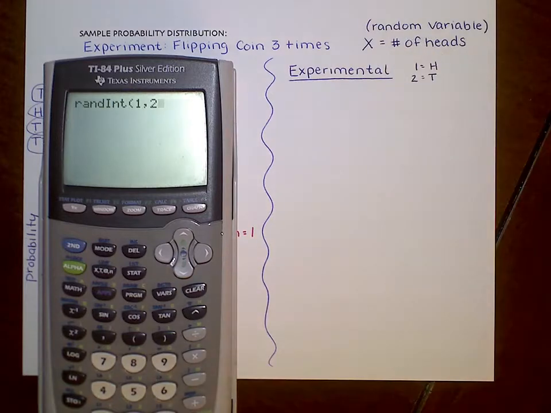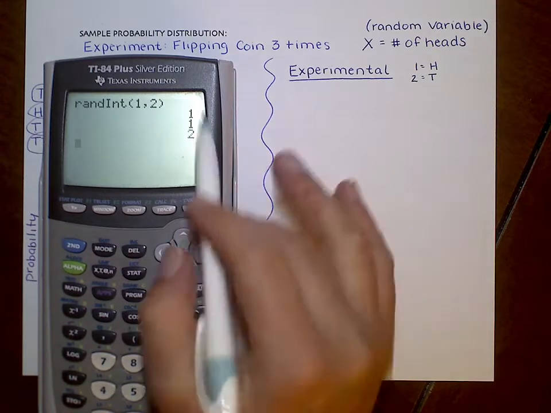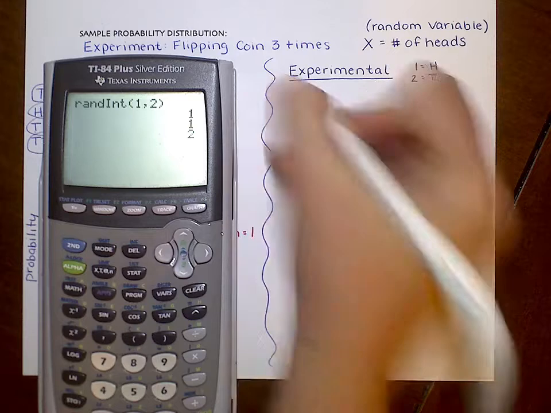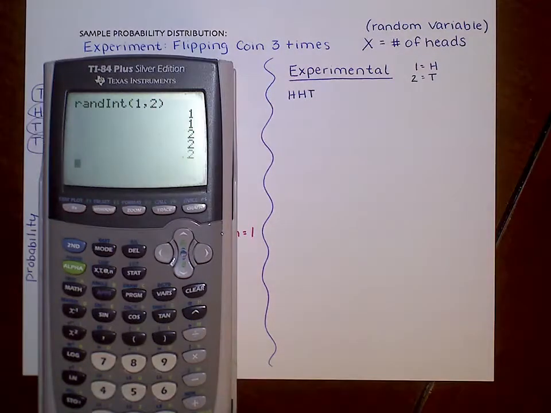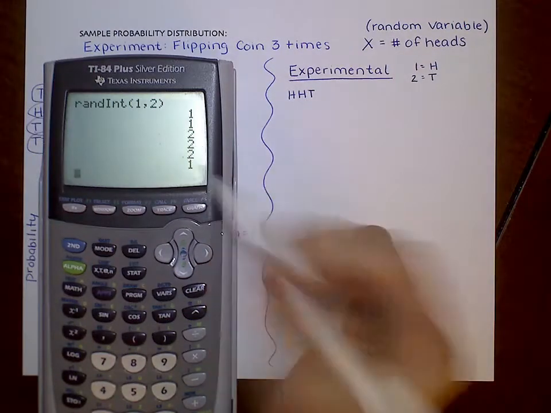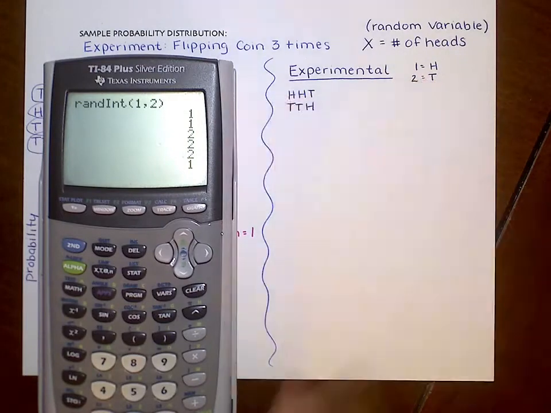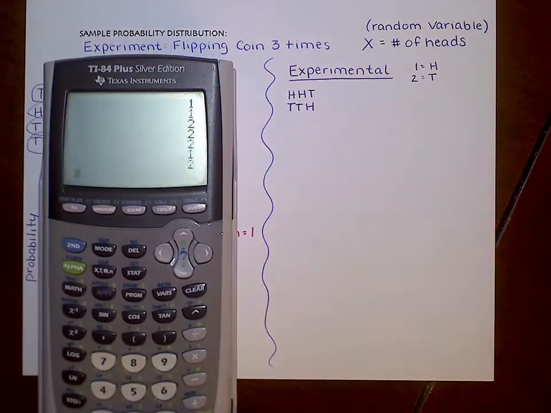And I'm going to pretend like I'm flipping the coin 3 times, and let's do 10 trials. So 1, 2, 3. That would be heads, heads, tails. Okay, 1, 2, 3. That would be tails, tails, heads. This is me pretending I'm flipping a coin, by the way. 1, 2, 3.